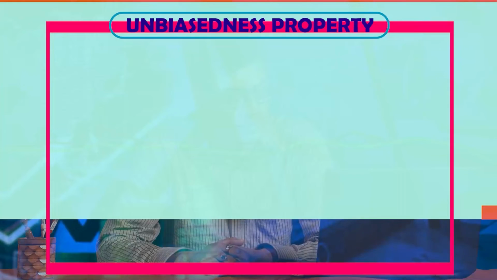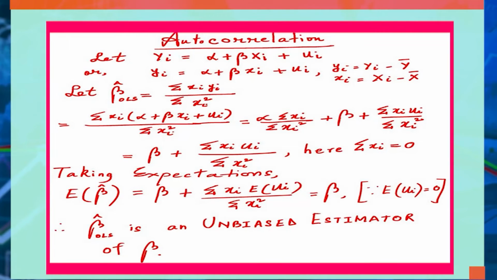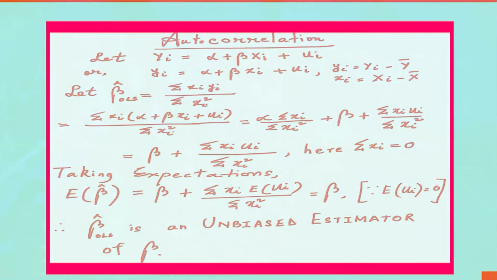So now we focus on the first impact, on the unbiasedness property. In this particular slide, we take up a model which is Yi equals alpha plus beta Xi plus Ui. So we observe that alpha is the intercept term, beta is the slope coefficient, and Xi is the independent variable. Now we convert the capital letters to small letters, and these are the deviations from the means.